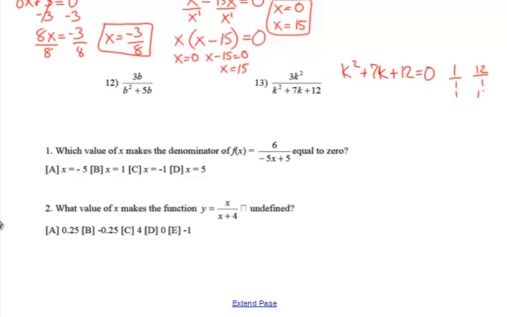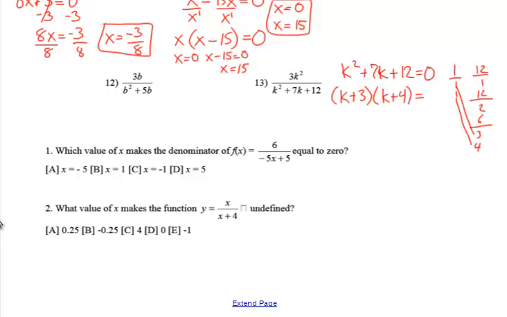The factors of C are 1 and 12, 2 and 6, 3 and 4. And because this is a plus sign in front of the 12, we're going to add to get positive 7. Well, what does that? 1 times 3 and 1 times 4. So it's k plus 3 times k plus 4.